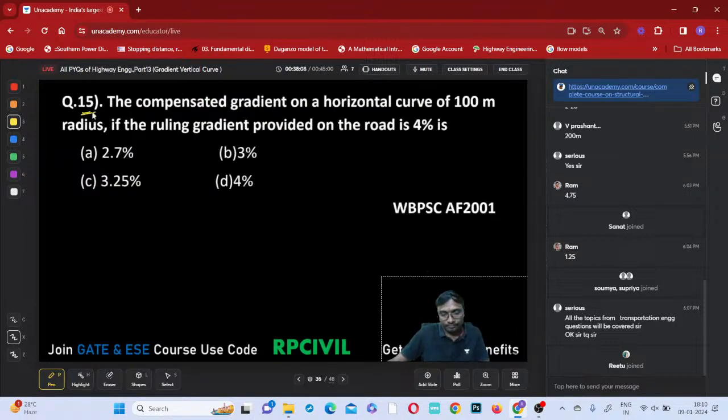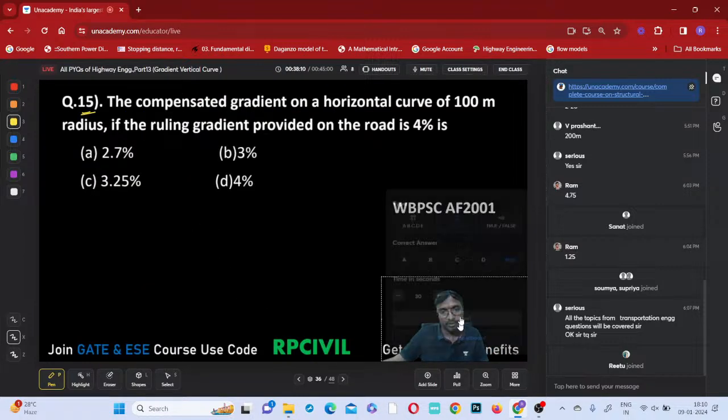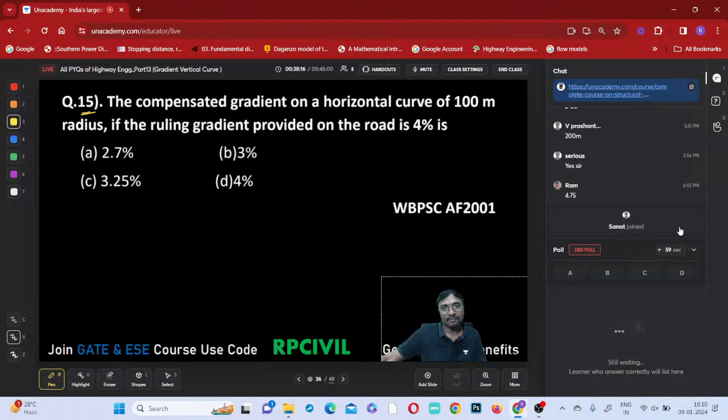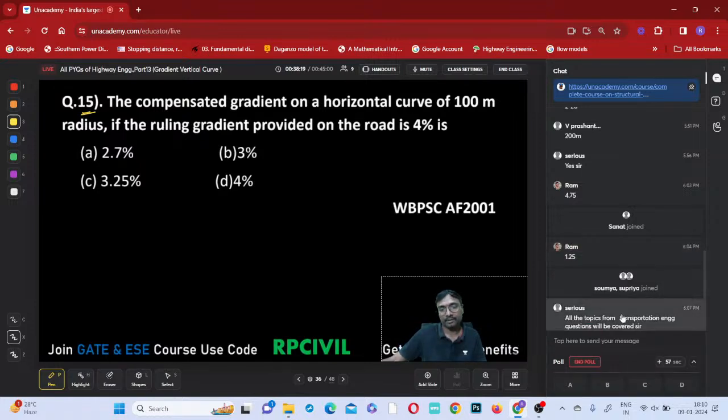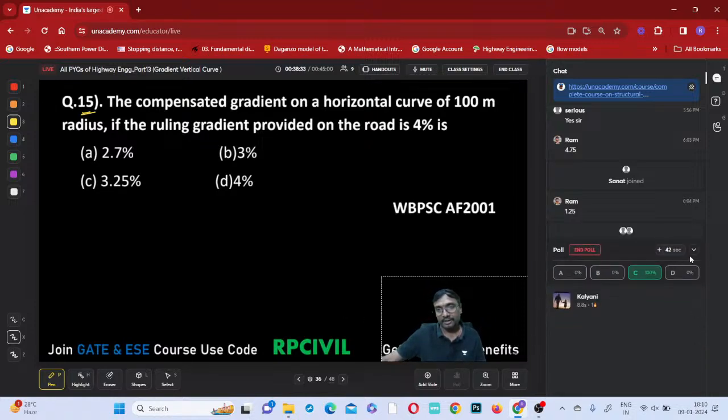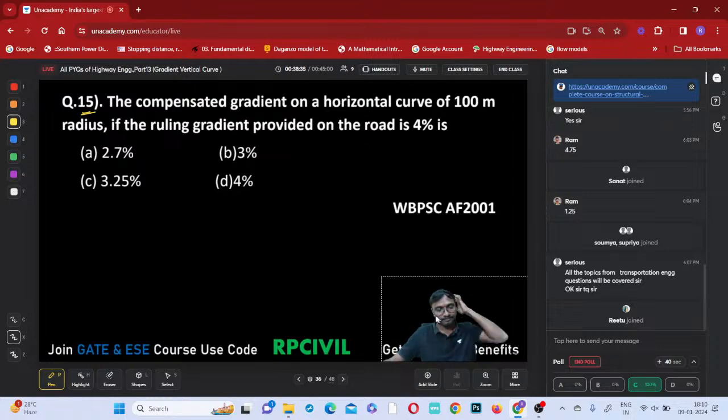Now, 15th question. Solve this. 60 seconds time I am giving. Fifteenth question. From special, Kalyani answered correctly. What about the others?